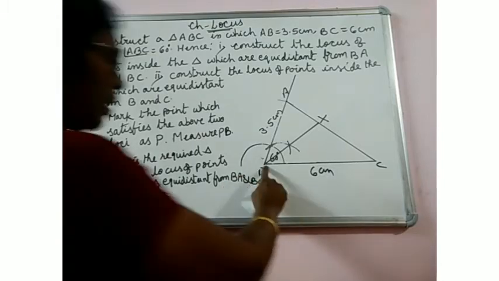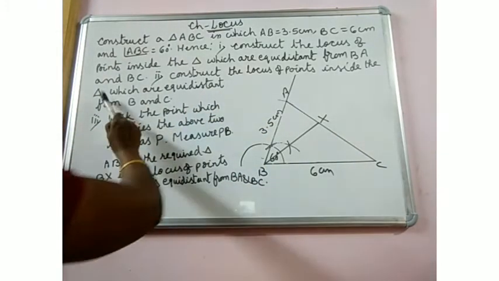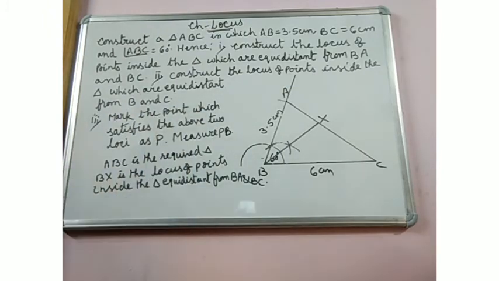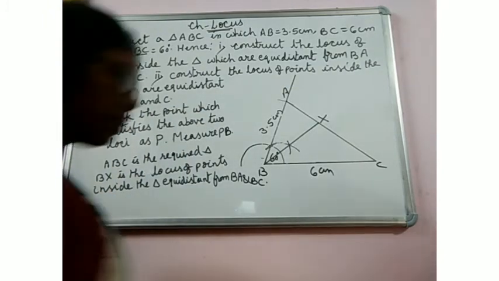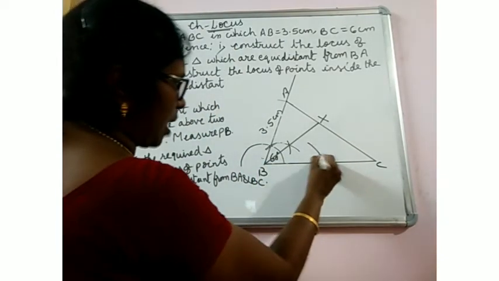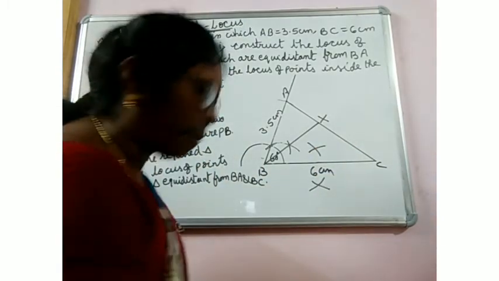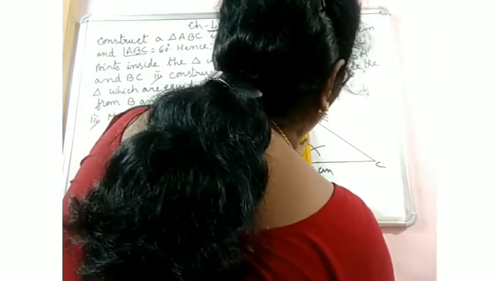So here the perpendicular bisector of BC is the locus of points inside the triangle which are equidistant from B and C. So we have to bisect this BC. From B, one arc this side, one arc this side. From C, one arc this side, one arc this side. And let us join these two points.